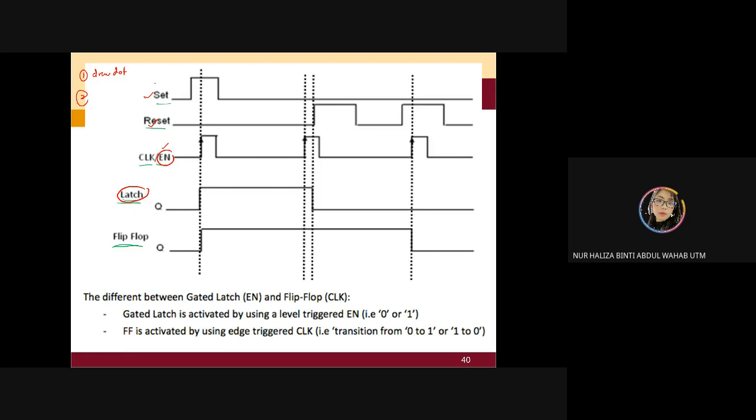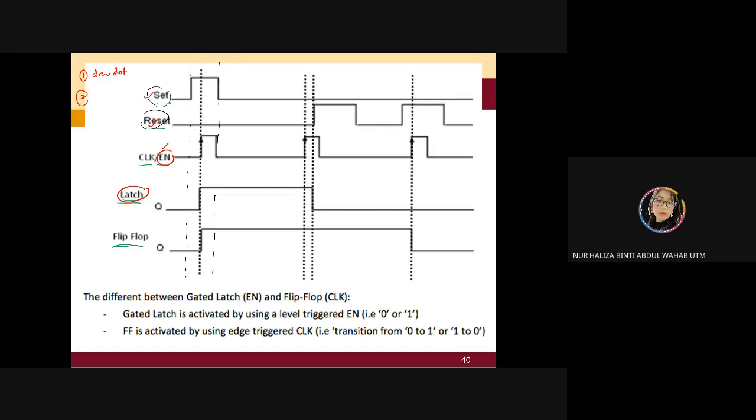So here, I'm going to consider the set. There is a change here, so I'm going to draw like this. And then another change here. Another change. No more change for the set, already done. For the reset now, it is 0, 0, 0, 0, 0.